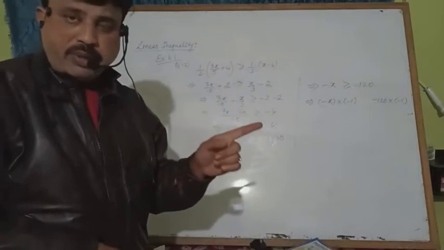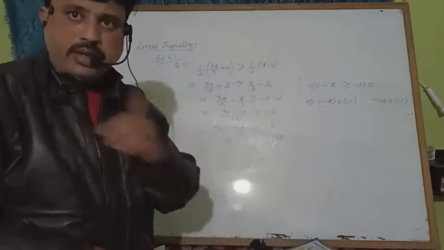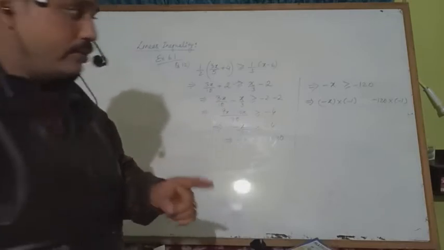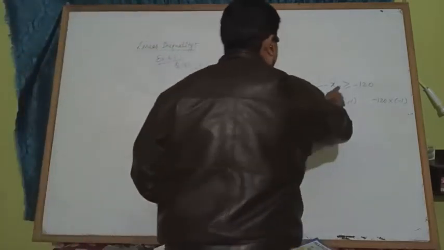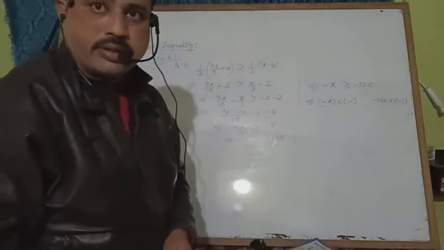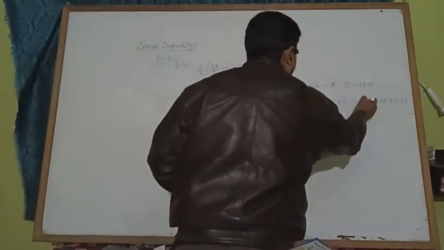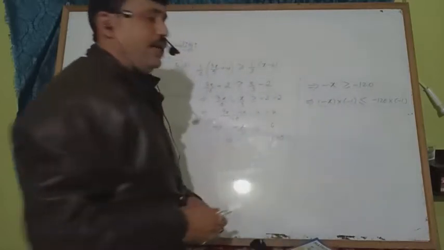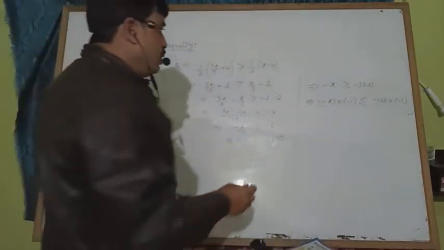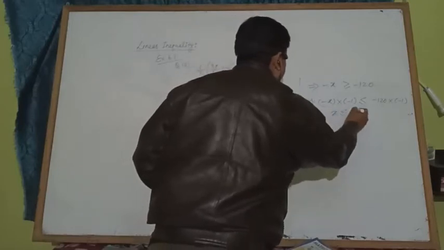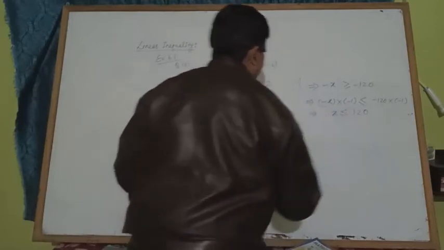Are you multiplying with a positive number or a negative number? If it is a negative number, then you have to reverse the inequality. That means greater than or equal to will become less than or equal to. So this will give you x less than or equal to 120.